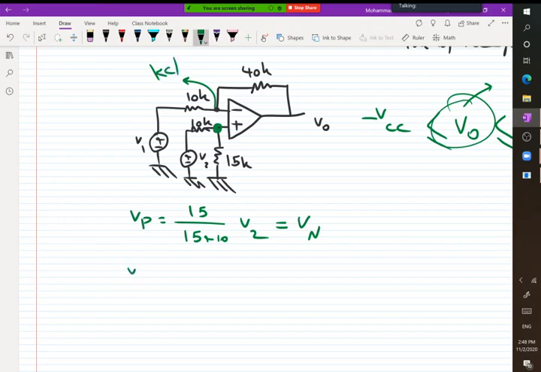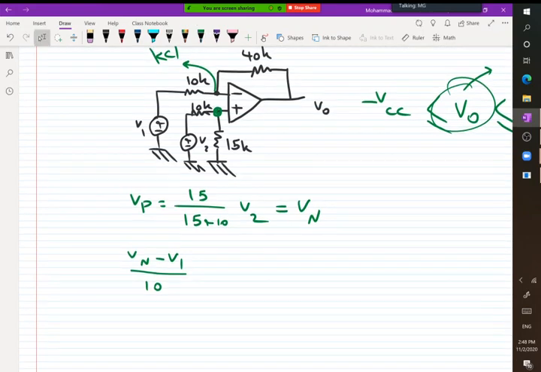So we say (Vn minus V1) over 10. I cancel those kilos, plus (Vn minus VO) over 40 is equal to 0.